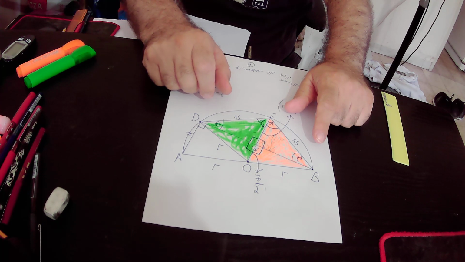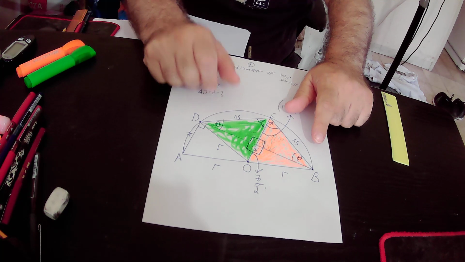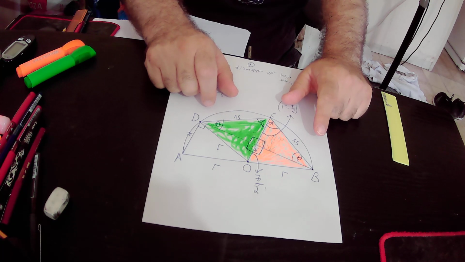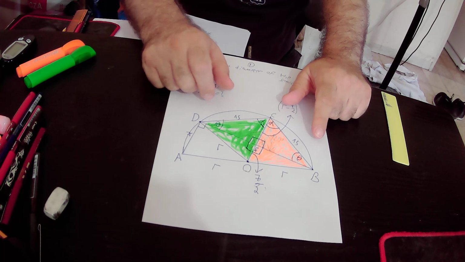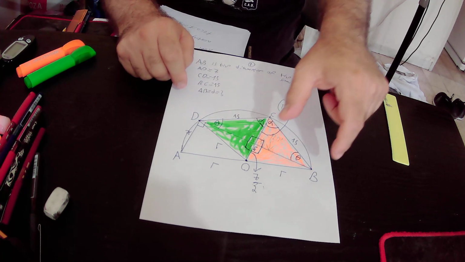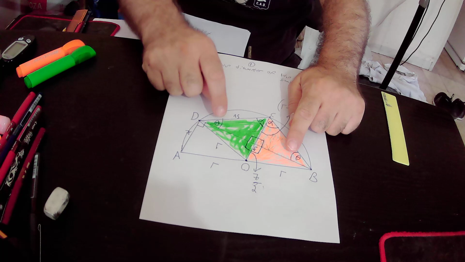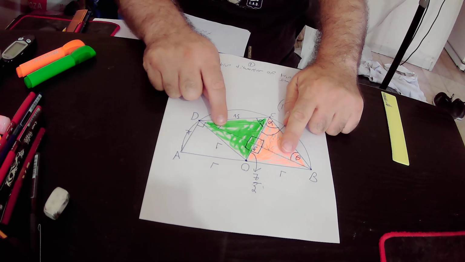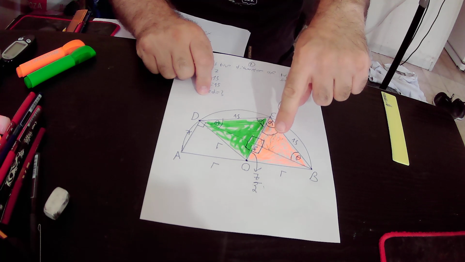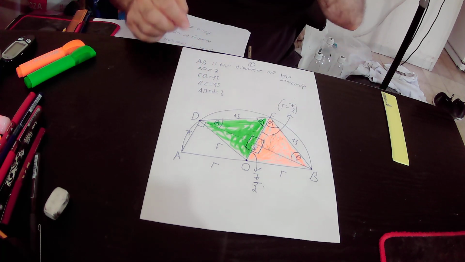Both of those two sides are equal to 15 units. So we have one side in the green triangle that is equal to a side of the orange triangle, and we also know that OD equals OB equals R. Both those two sides are the radii of the semicircle, therefore they are equal to each other, and also OC is a common side, so OC equals OC.